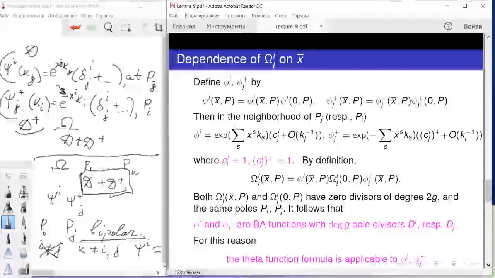Then just divide psi i of arbitrary x bar by psi i of 0 and obtain the function phi i, which is written here. Similarly, let's define phi j cross.